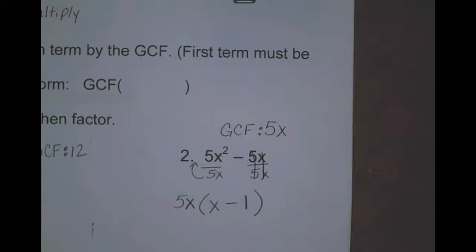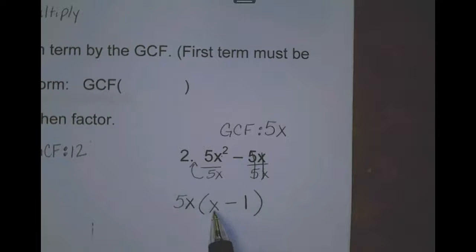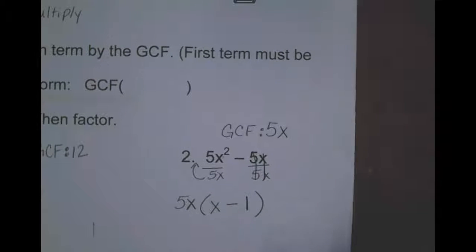And so I have done the reverse of the distributive property. If I distributed this 5x into the x minus 1, I would have the original problem back. I am doing a reverse distributive property, otherwise known as factoring.